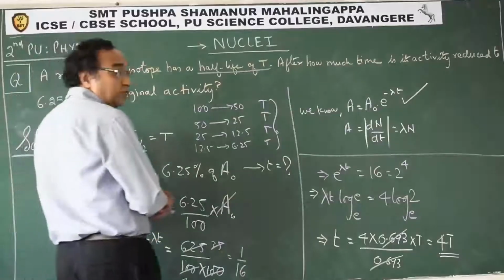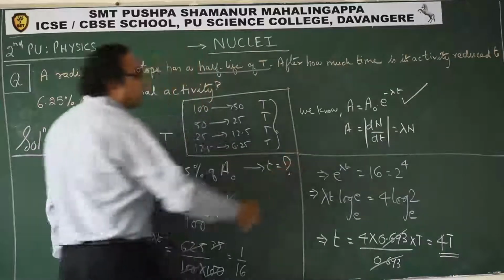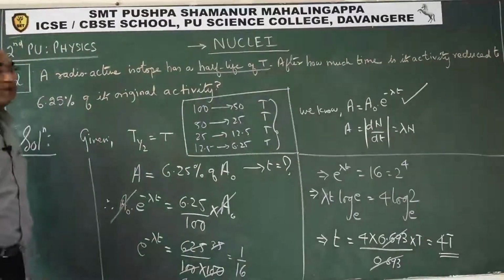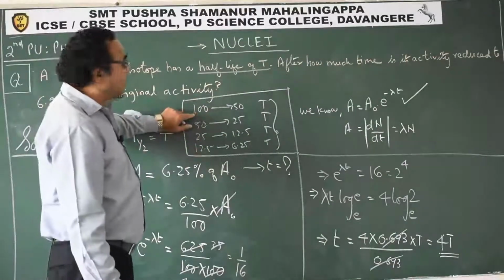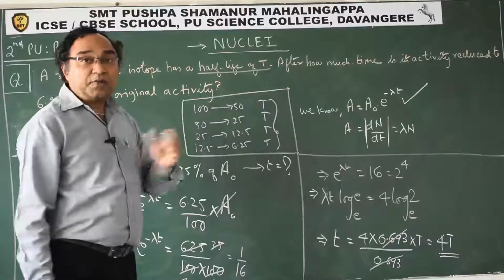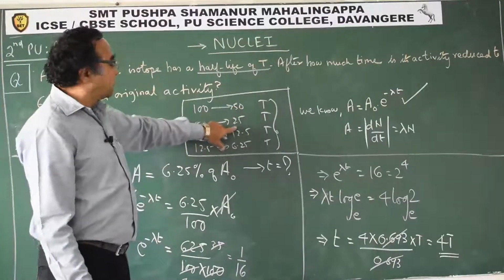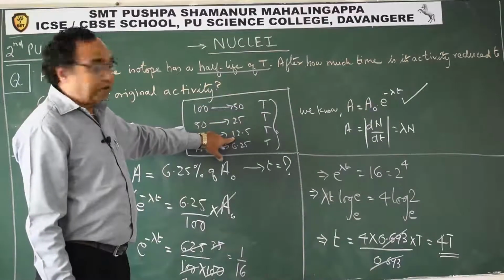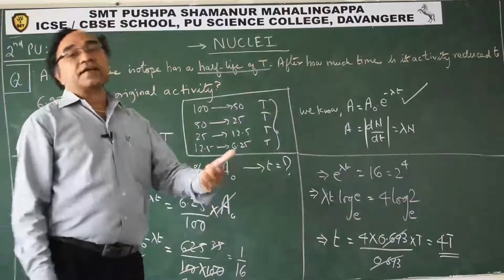Otherwise, students, you can always solve any question on half-life periods like this. Understand the meaning of half-life. If you start with 100, for 100 to become 50 is one half-life period. From 50 to 25 is another half-life period. 25 to 12.5 is another. 12.5 to 6.25 is one more. That is exactly how we can work out.